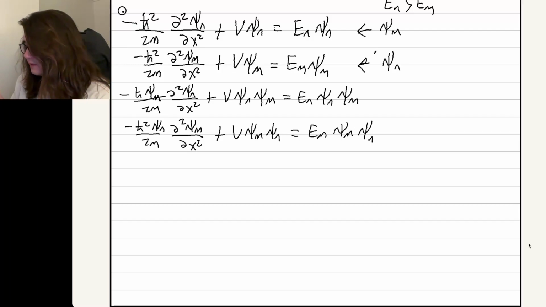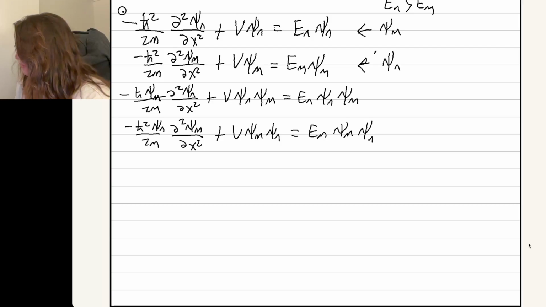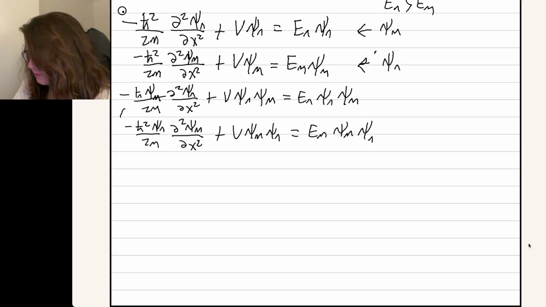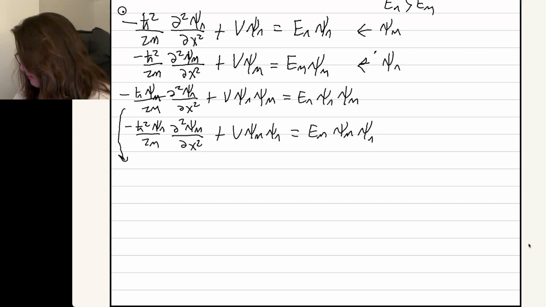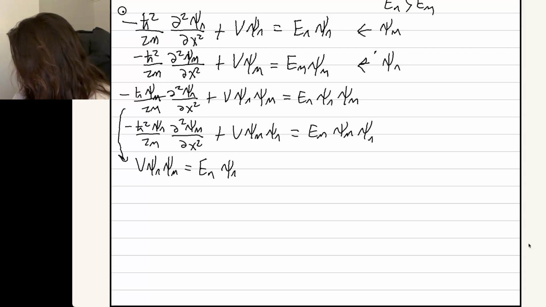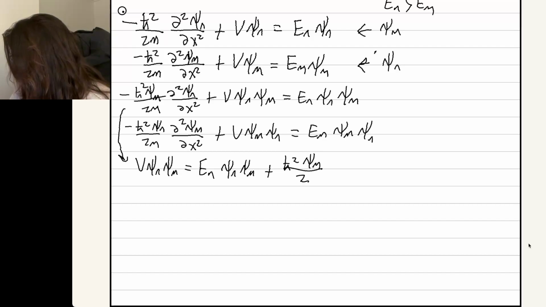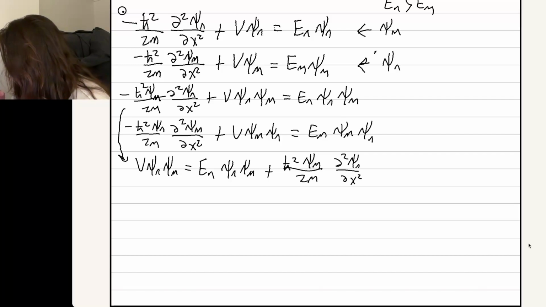What's nice is that the potential term, the V psi n psi m term, is in both of these equations. So let's use the first one to solve for that. We'll get V psi n psi m equals En psi n psi m plus h bar squared, there's supposed to be a squared here, psi m over 2m del squared psi n del x squared.